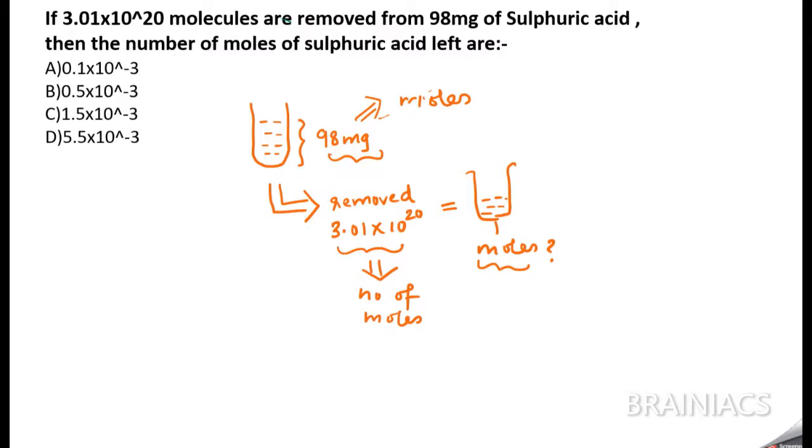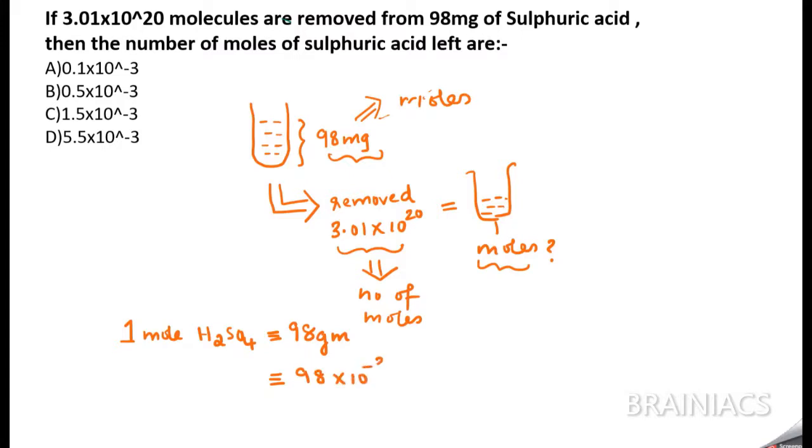Now tell me, 98 milligram of sulfuric acid is equivalent to how many moles? I know that 1 mole of H2SO4, sulfuric acid, has a mass equal to the molecular mass expressed in grams, that is 98 gram. So 98 gram is 1 mole, but what is given to you is 98 milligram. How can you convert 98 gram to 98 milligram? Multiply by 10 power minus 3.